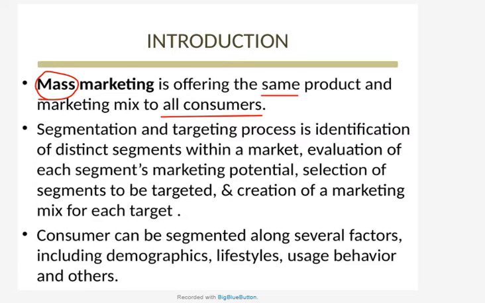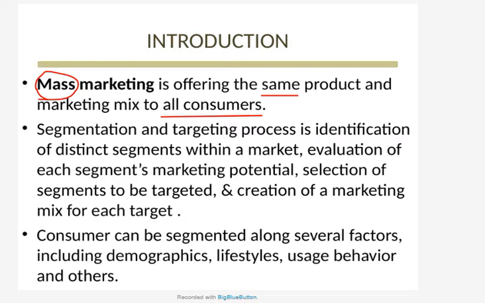Why segmentation? Because people are different. So we want to divide them into different groups. They are not the same. And for each group, we want to provide the product that suits them. Each one has a product that satisfies their needs and desires. Not all of our desires and needs are satisfied by one product.